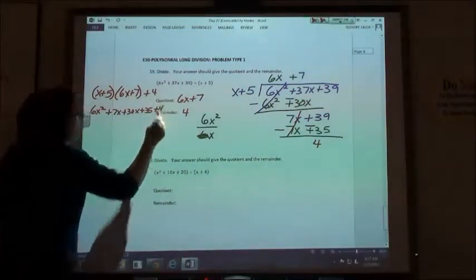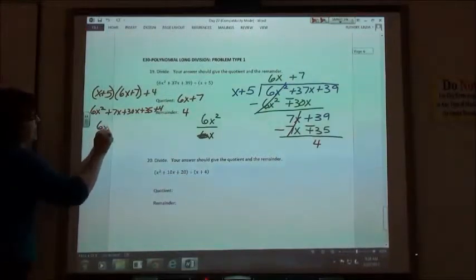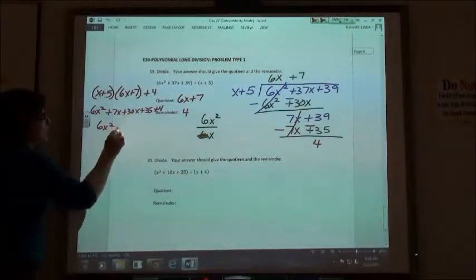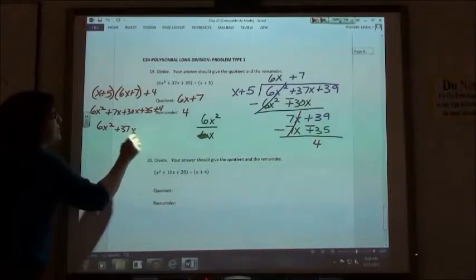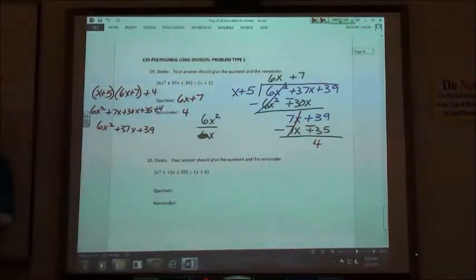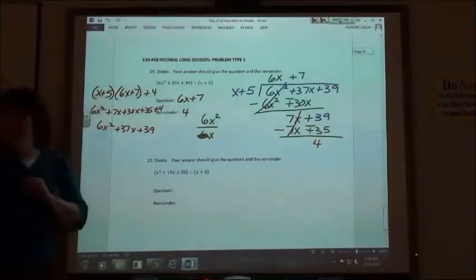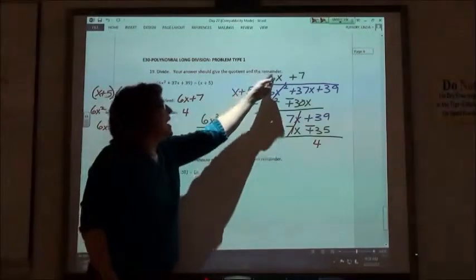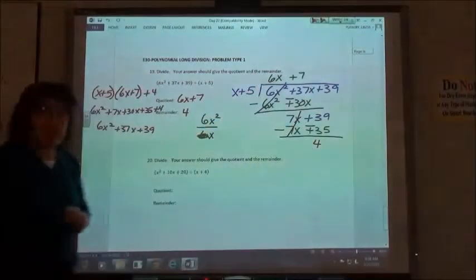And then the plus 4 that's on the end. So I get 6x squared. 7 plus 30 is 37x. 35 plus 4 is 39. Hey, I got the right thing. So if you wanted to take the time to check that, that's what you do. Take your divisor, times your quotient, add your remainder.